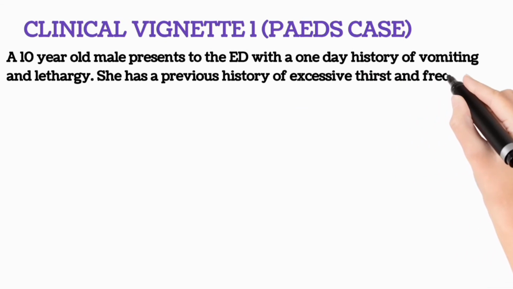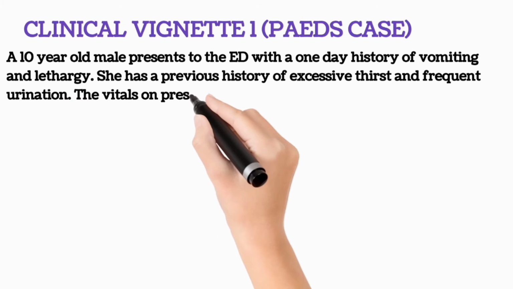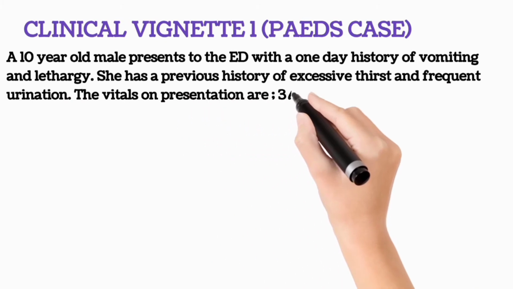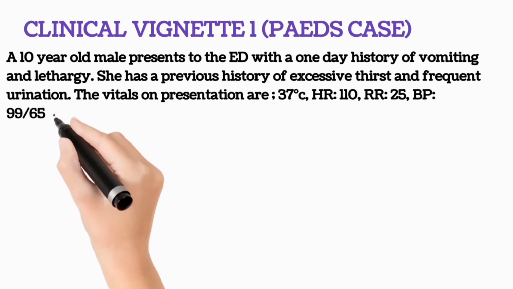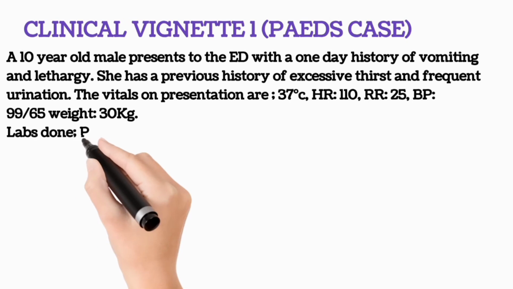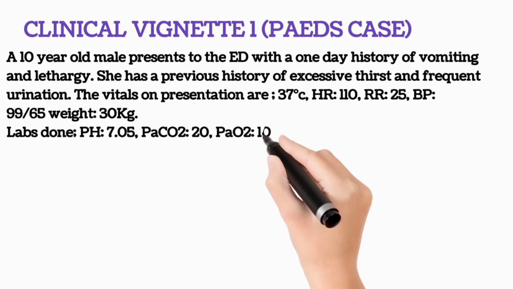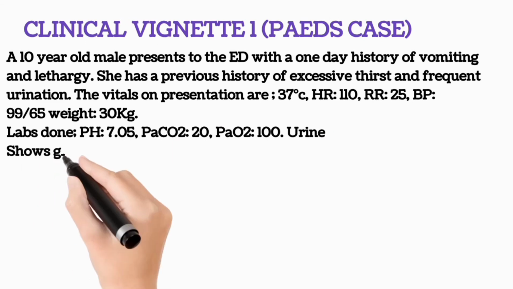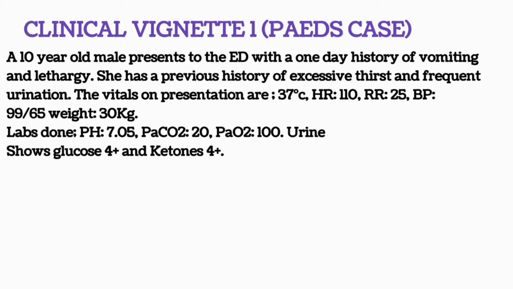The vitals on presentation are 37 degrees Celsius, heart rate of 110, respiratory rate 25, blood pressure 99/65, the weight is 30 kg. Then the labs were done, the pH was 7.05, the partial pressure of carbon dioxide was 20, then the partial pressure of oxygen was 100.